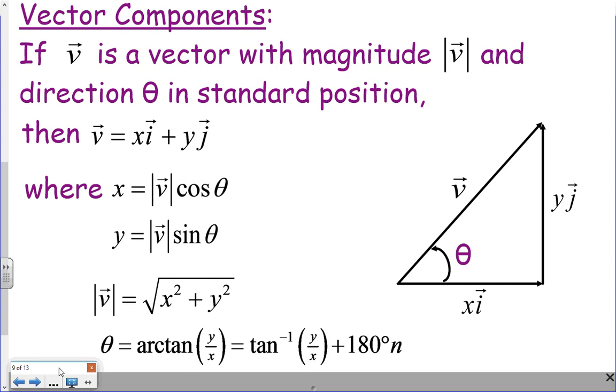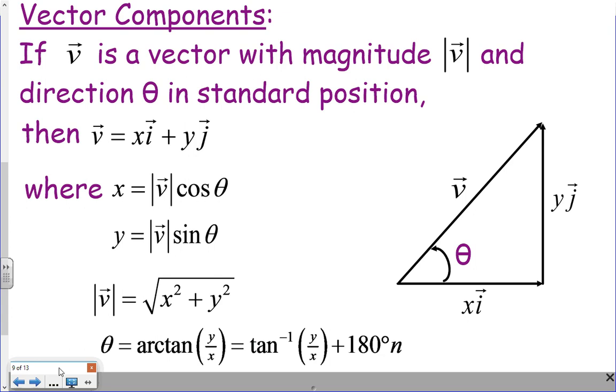If I've got some vector v, regardless of what direction or magnitude it has, I can always draw in these horizontal and vertical vectors, multiplying those unit vectors by the correct scalar quantity to get the right magnitude, so that the sum of those two vectors turns out to give me vector v.